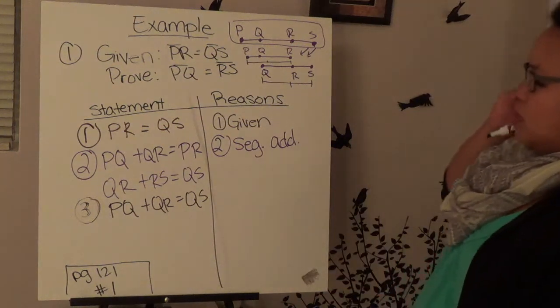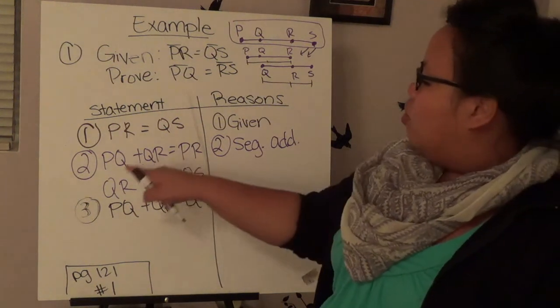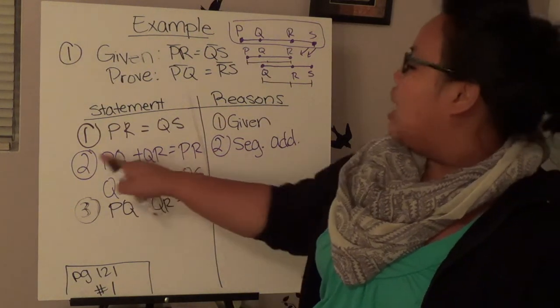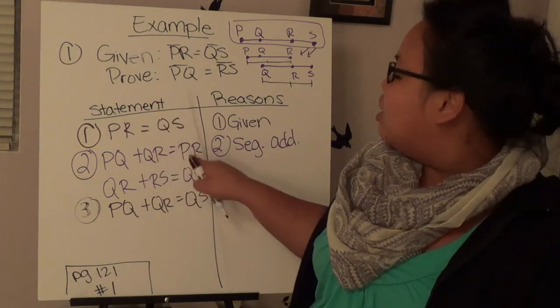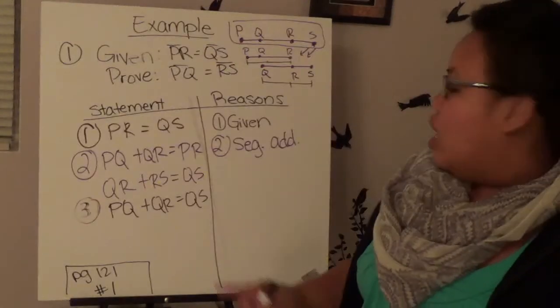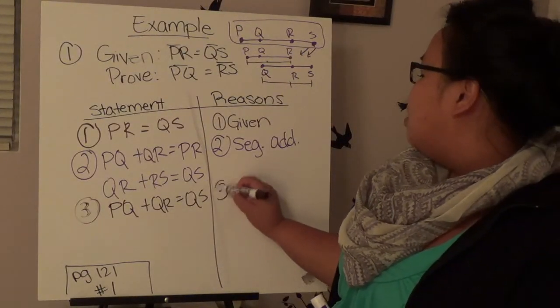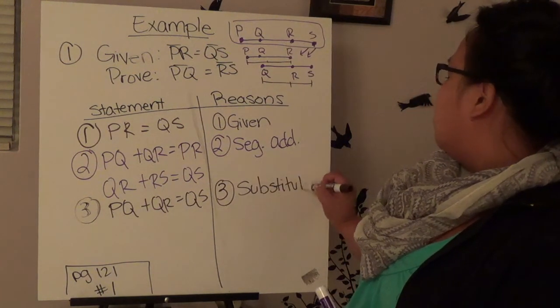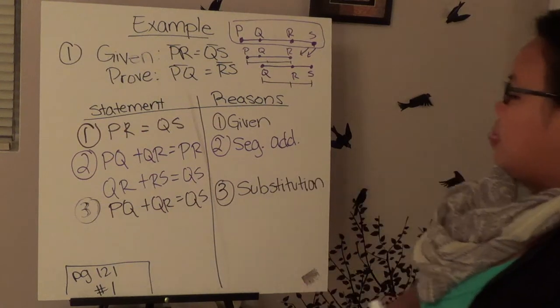See that? I put the same exact thing, but in this case, instead of PR, because they're equal, I put QS. So what reasoning did I have for that? In that case, I substituted, so I used substitution. All right?